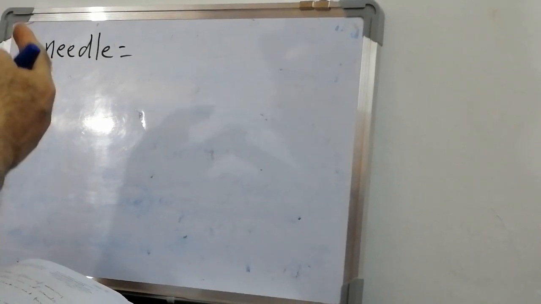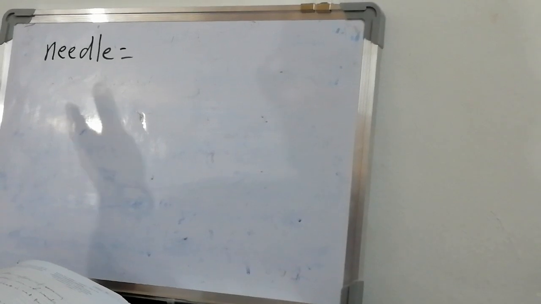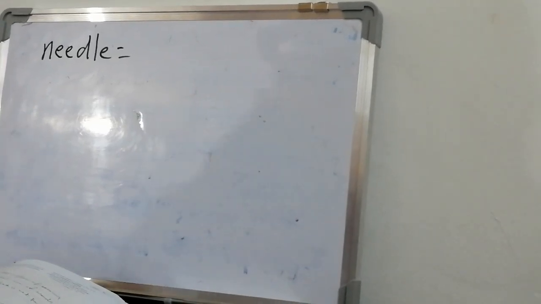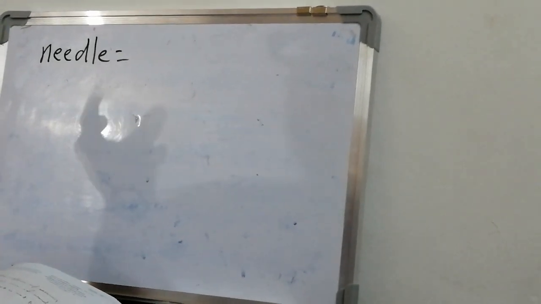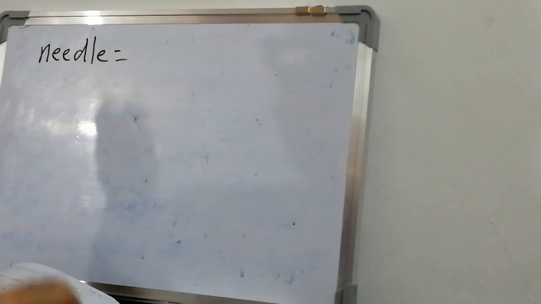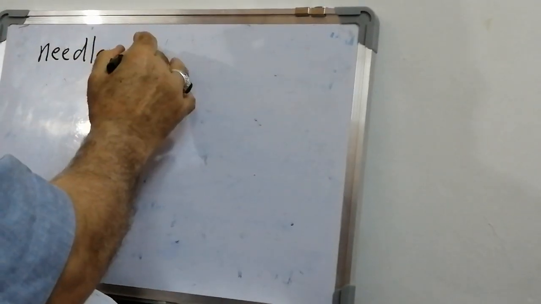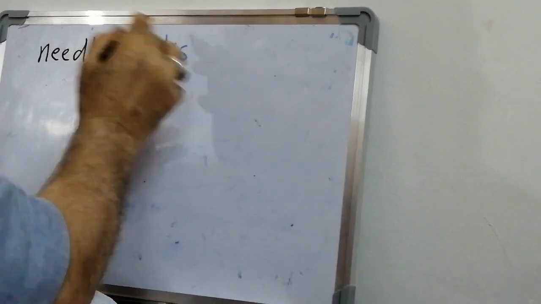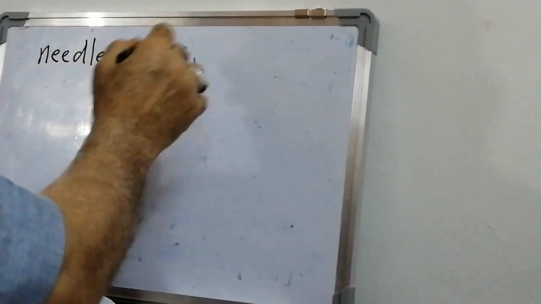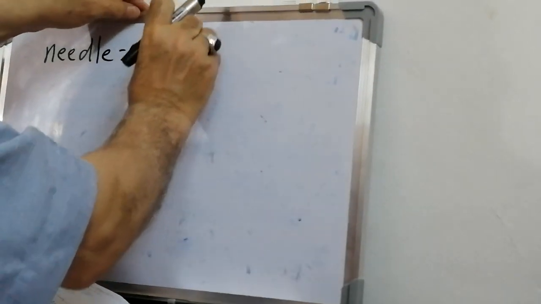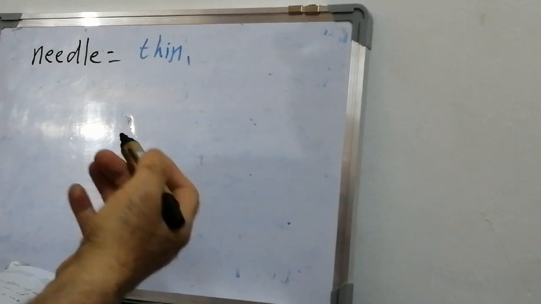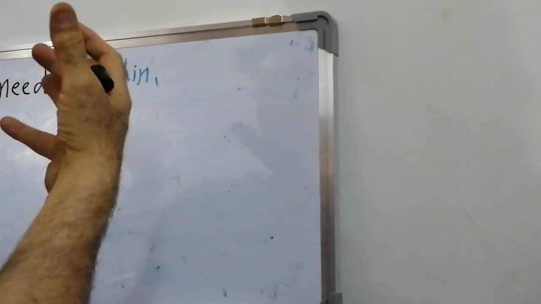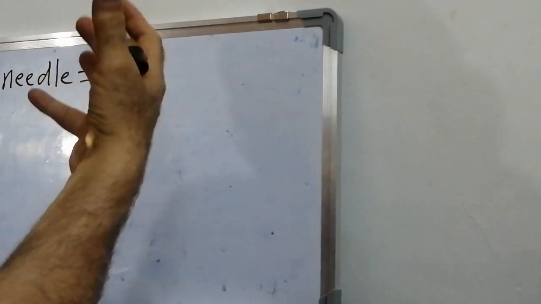The basic components of the meaning of the word needle include this information, like first of all, thin. When we mention the word needle, we know that the needle is thin, not thick. I know it, you know it, everybody knows it. Why? Because it is in the dictionary.